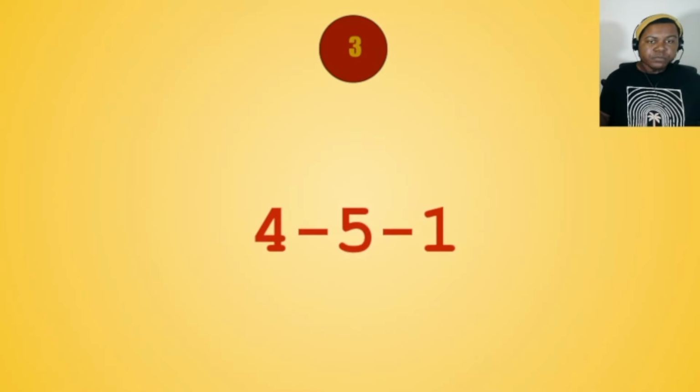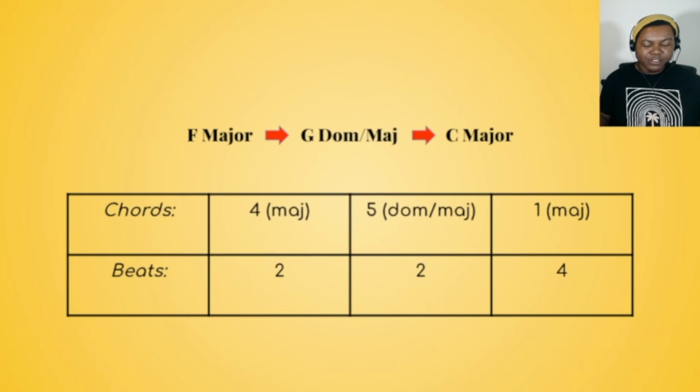All right, number 3. It's moving along. You might think it's a typo. I thought it was a typo before, but no. It is 4-5-1 again. But the difference is we are changing the qualities of our first 2 chords. So a major 4 chord. Before we had a minor 5 chord.